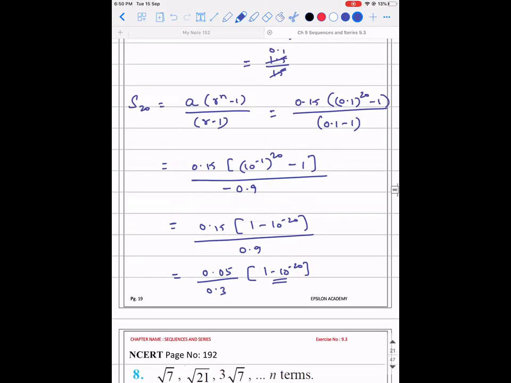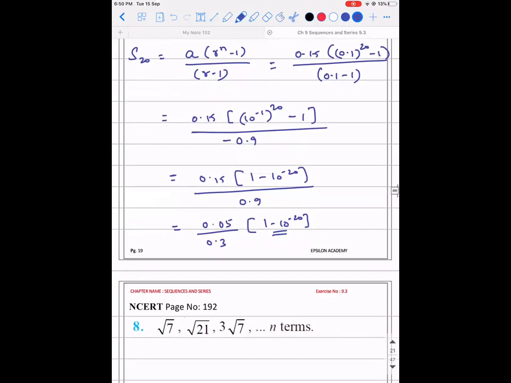It's given as 1 by 6 into 1 minus 0.1 raised to the power 20.